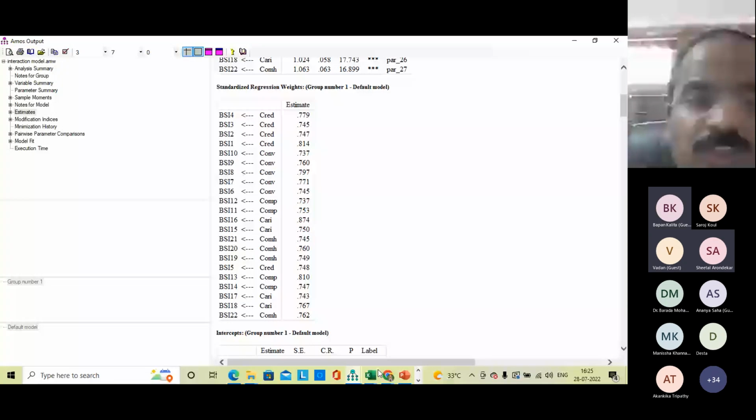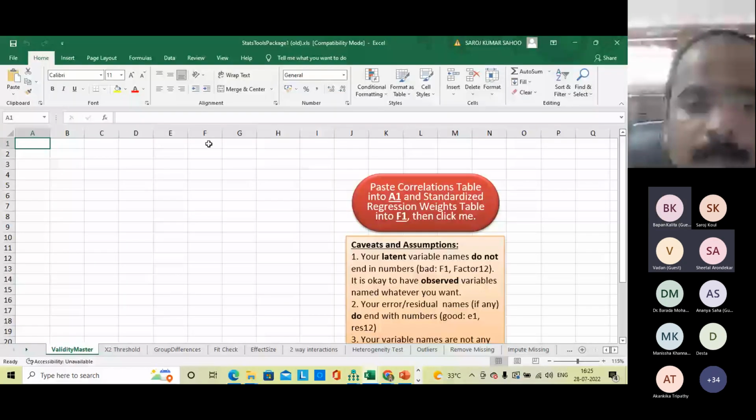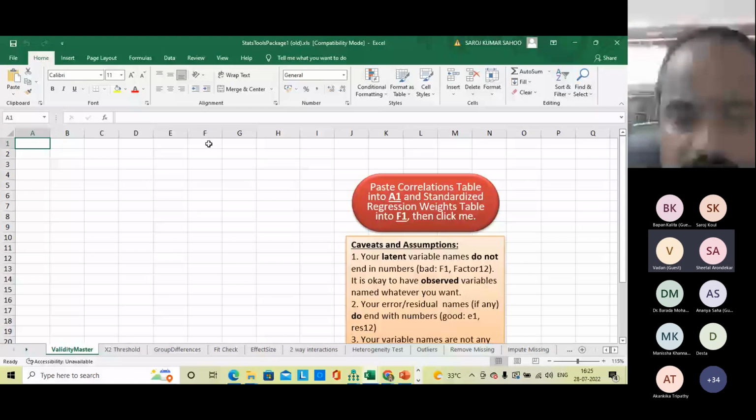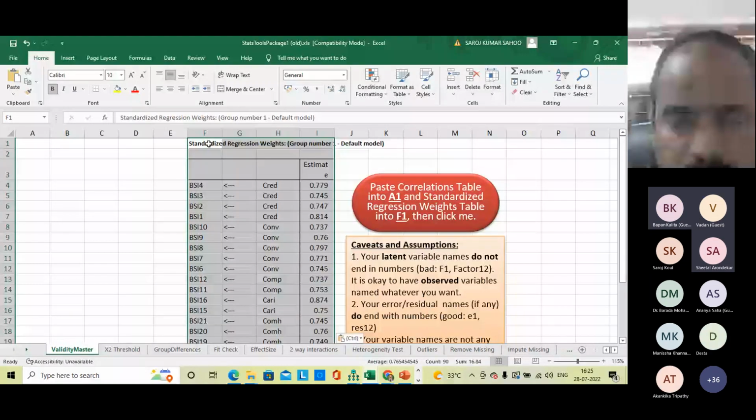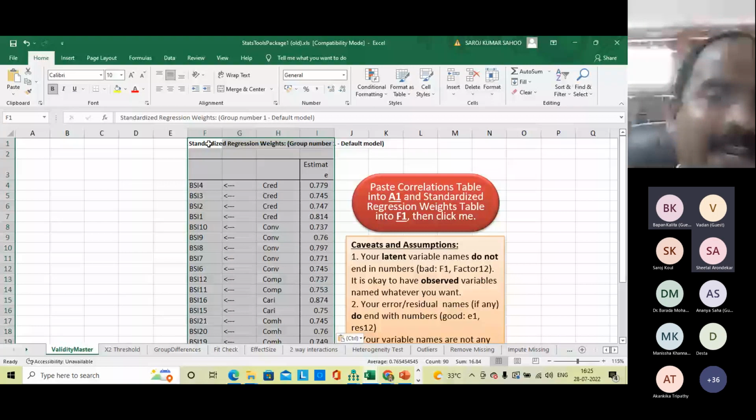Then go to the F1. Then paste. But sir, F1 is not seen in your screen. Arey, sir, F1. Look at here, this is F and this is 1.